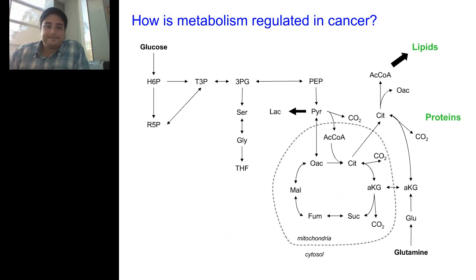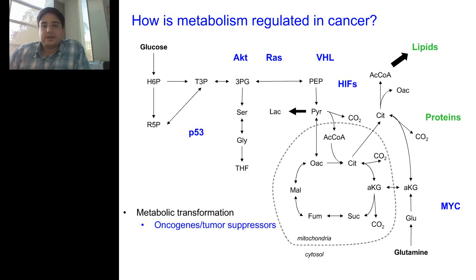Now, we've learned over the last 2 decades that these metabolic pathways are regulated by a number of different oncogenes and tumor suppressors. Some of those are shown here in blue.